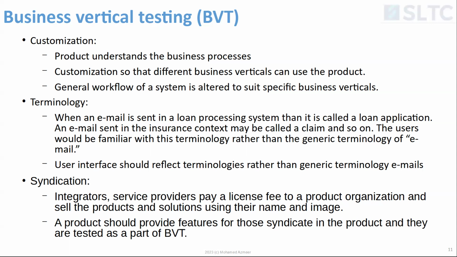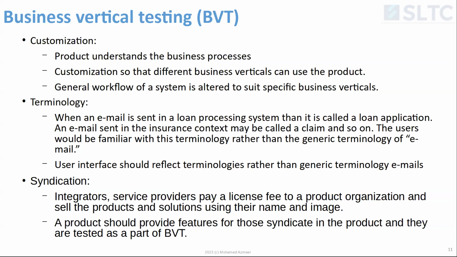And syndication means there may be other people connecting things together, not just us, right? So what do they do? Can they customize our application as per their requirements, for example? This is also known as white labeling.